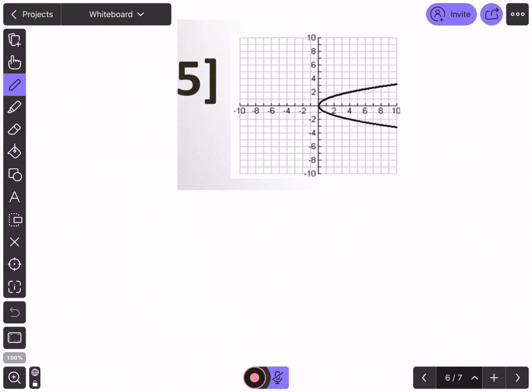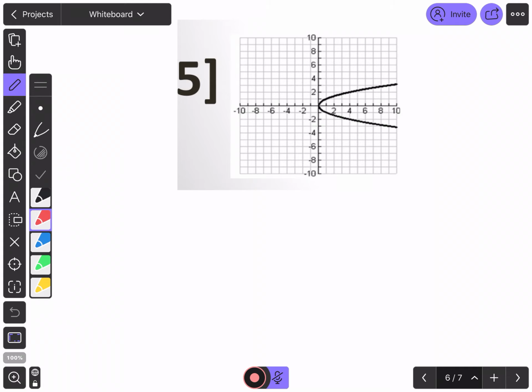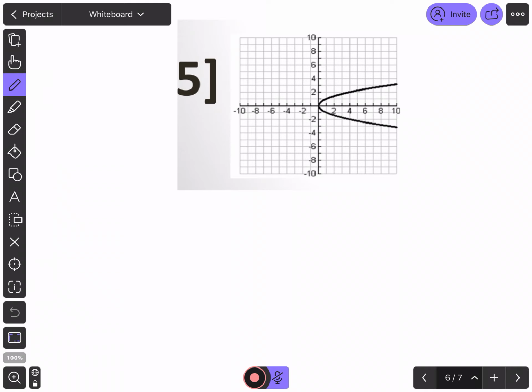When we are checking to see if a graph is a function, we do this test called the vertical line test. A vertical line, vertical means up and down. So what we'll do is we will draw vertical lines on the graph. If the vertical line touches the graph more than one time, it is not a function.